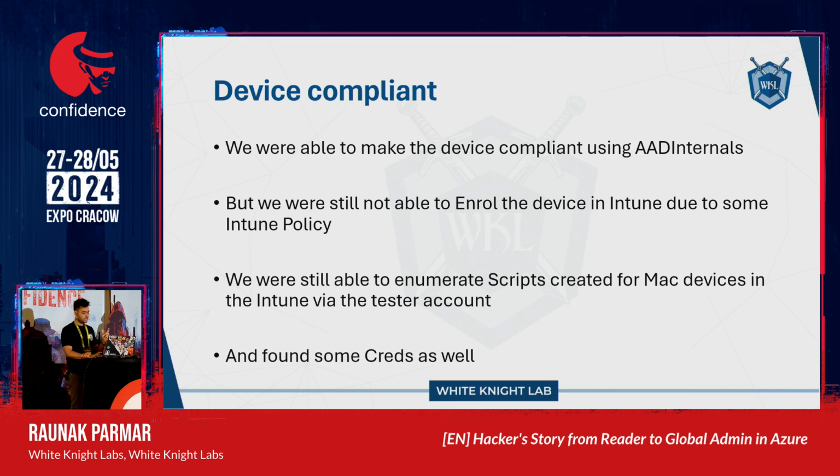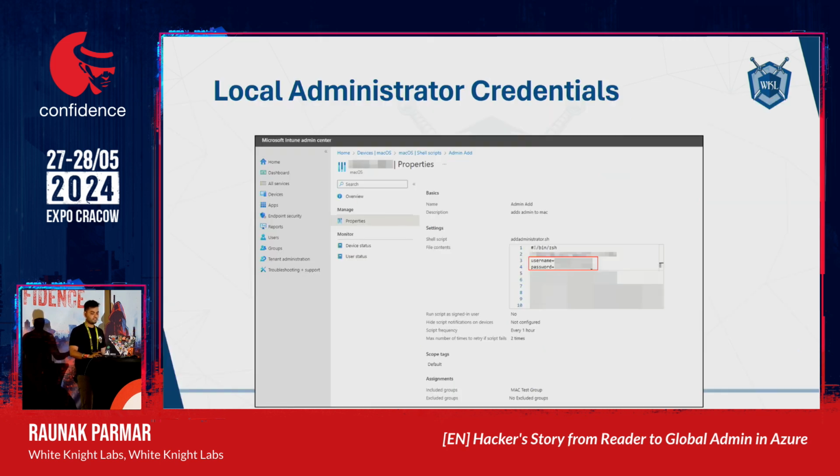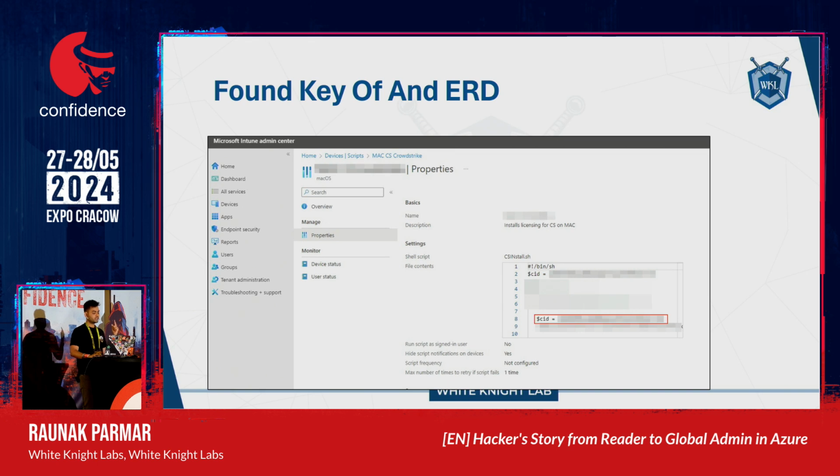Scripts for macOS were exposed in Intune, and that allowed us to get some more credentials. So this red circle is where we are right now. We found the credentials of a local administrator, and we found the license key of CrowdStrike in Intune. We could have used that for ourselves, but since it's a client, we can't do that.